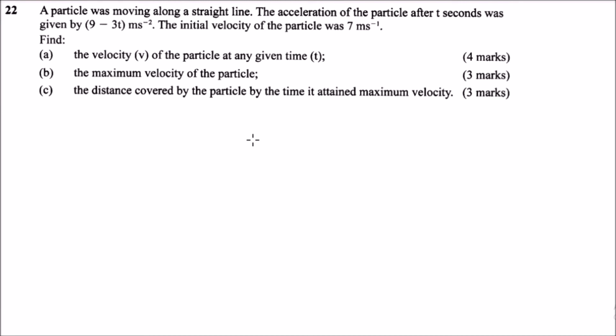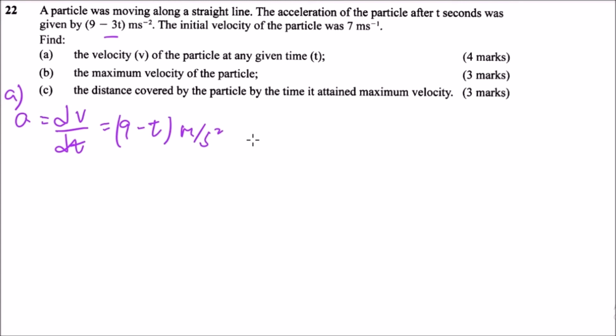So what we know is that we have been given acceleration, which we know is dv over dt. This is part A, which is given as 9 minus t meters per second squared.